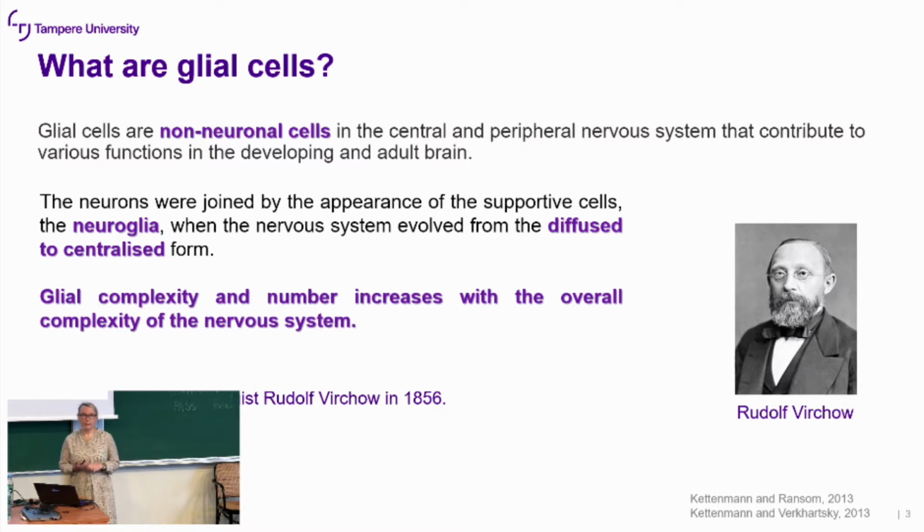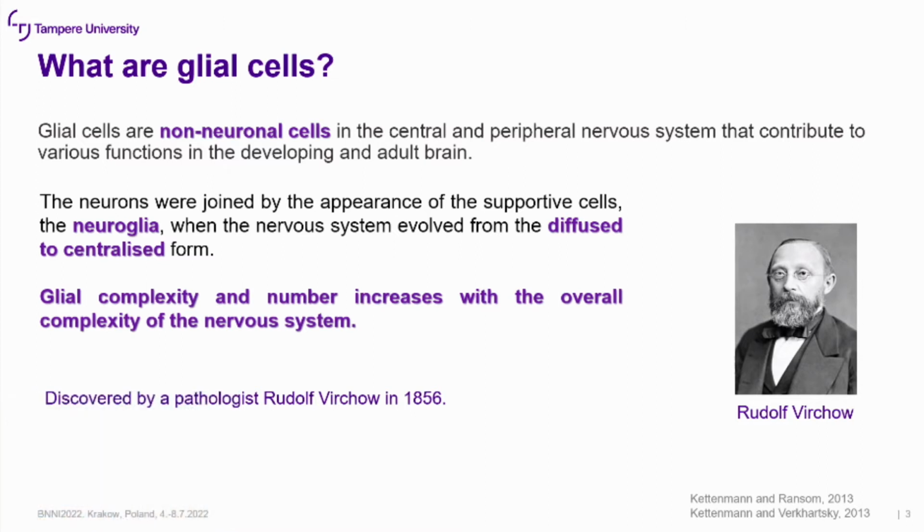What is many times not known is that during evolution, when neurons were joined together, there was an appearance of these non-neuronal supportive cells, sometimes also called neuroglia. This happened when the nervous system evolved from the diffuse to the centralized form.